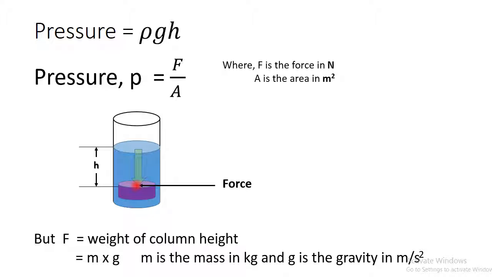To work out F, it is the weight of this column height of the water above the coin. To find the value of F, or the weight of this column of water, it is mass times acceleration due to gravity, where mass is in kilograms and acceleration is in meters per second squared.